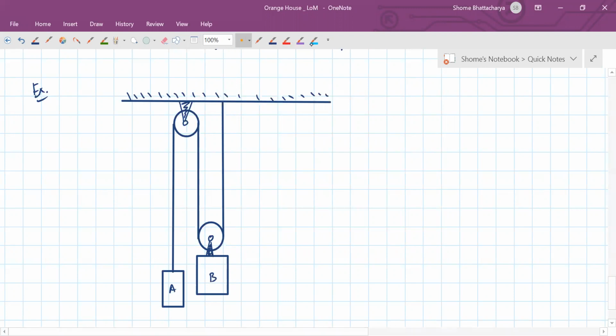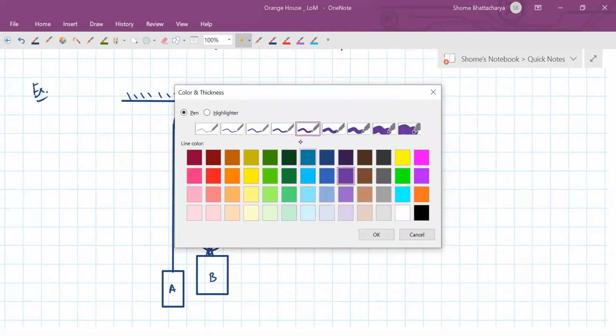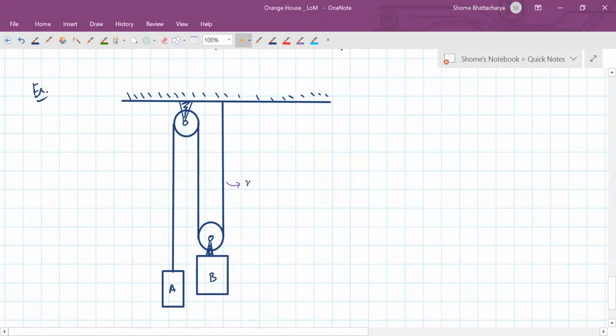So this is our system now. Within the system, this is a massless and inextensible thread, and this is a massless smooth pulley.